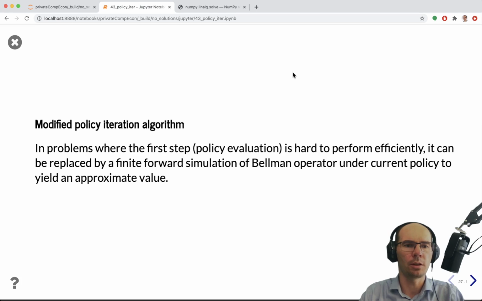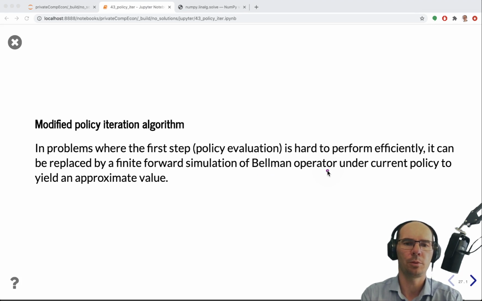It's worth mentioning that sometimes something called a modified policy iteration algorithm is used, and this is essentially an idea of running a finite forward simulation of the Bellman operator instead of solving the simplified Bellman equation to evaluate a policy.